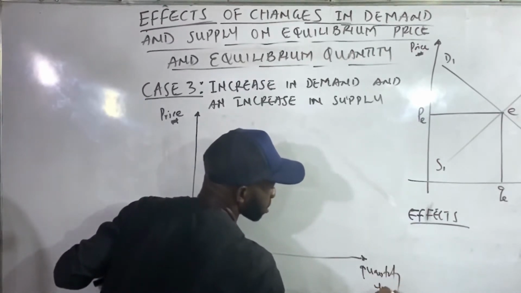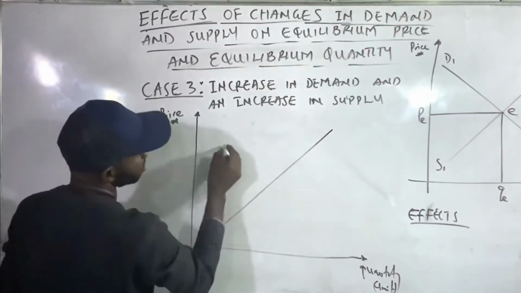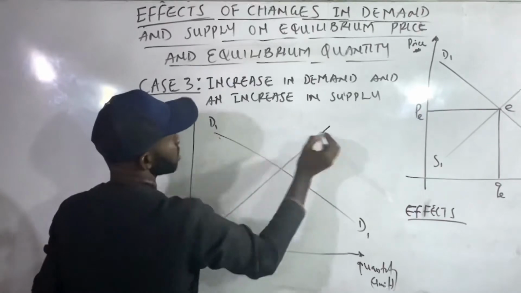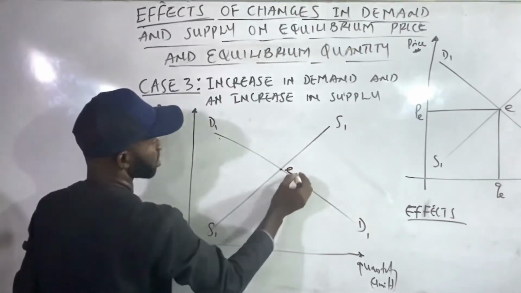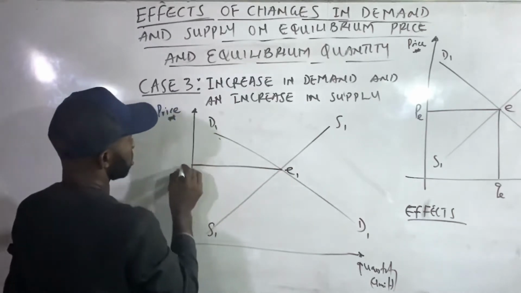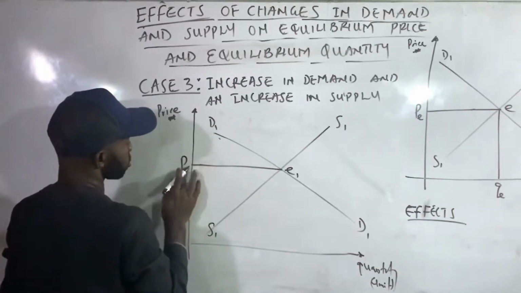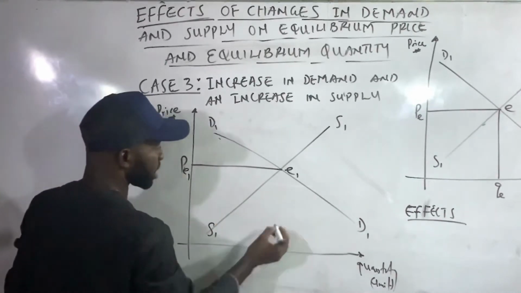So we still have our quantity in units, and then check out the original status. We have D1, D1, S1, S1. And this brings about our equilibrium point, tracing it to the equilibrium price, the first equilibrium price, because we're still going to consider the effect.